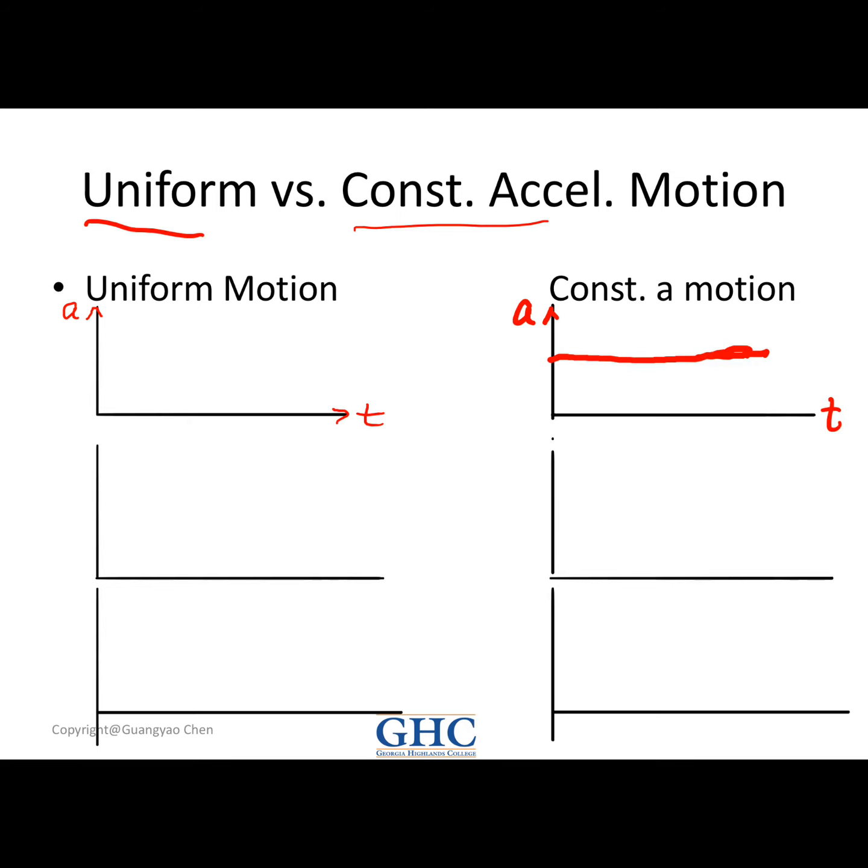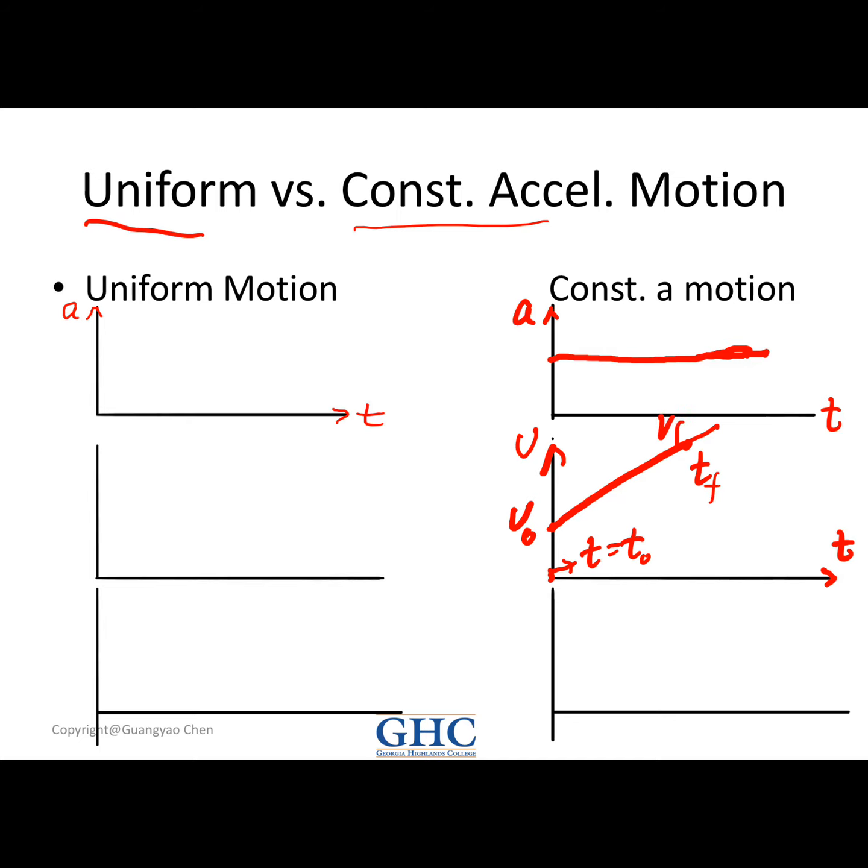Now if your acceleration is constant, you should have your velocity go up linearly, and this would be your initial velocity at time t equals 0. Here t equals t0, and then you will have your final velocity at tf.